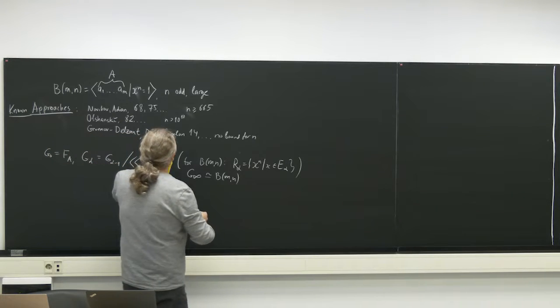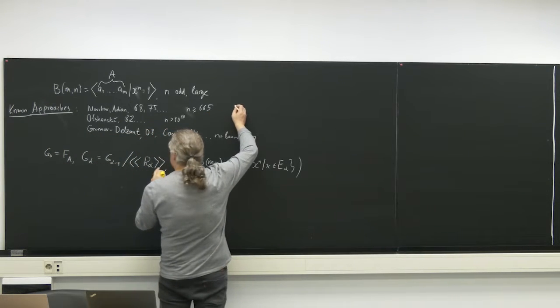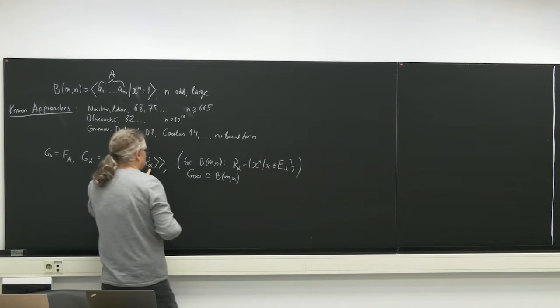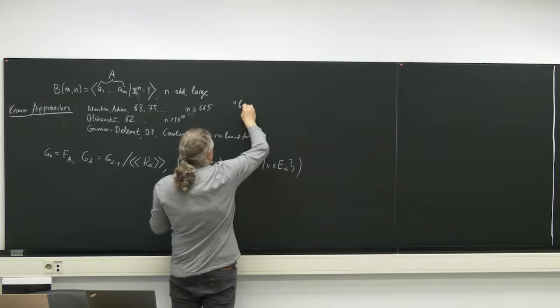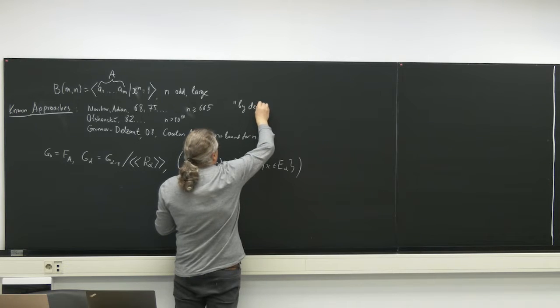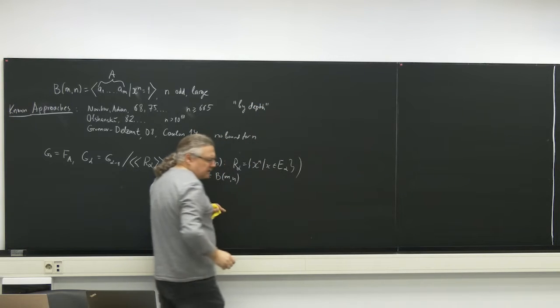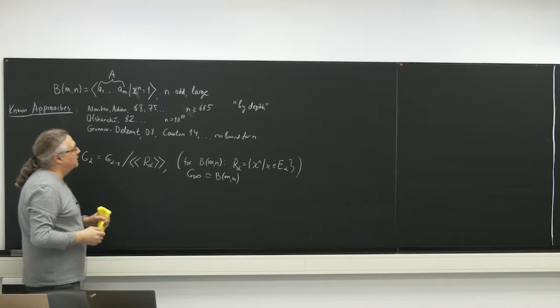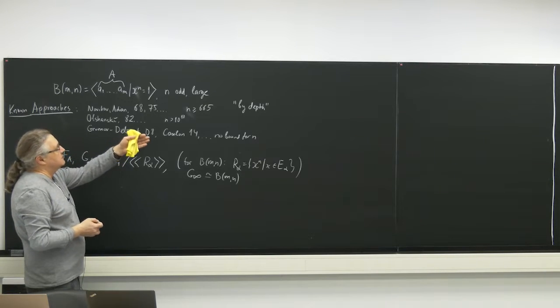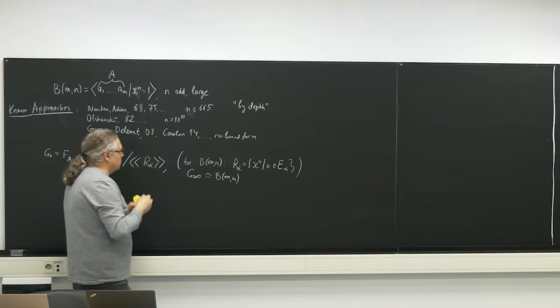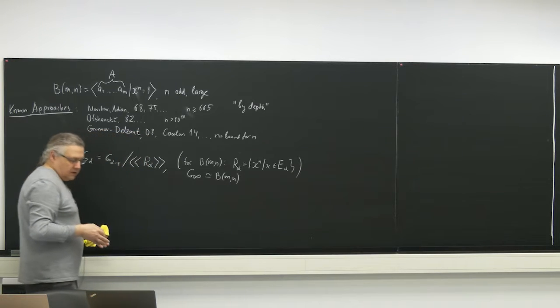So in this approach, these relators are chosen by depth, in the sense I explained. But actually I will use a similar approach in what I'm going to talk about.